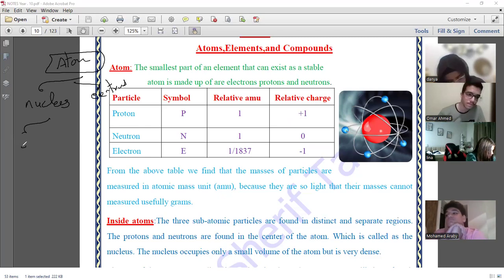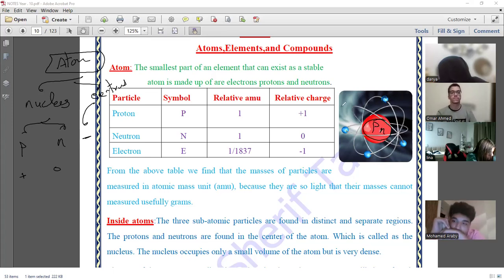Nucleus contains protons, which is positive, neutrons, which is neutral or there is no charge, and electrons, which is negative. So we have nucleus that contains protons and neutrons, revolves around them electrons.